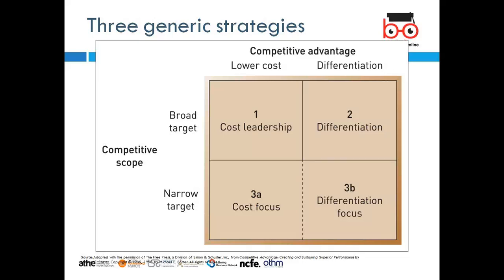Next, differentiation. We could focus all our effort toward differentiation. Everything we are doing is different from our competitors, so they can't compete. Like when we look at Apple and various other technology companies, they focus a lot on differentiation as well. Or maybe we are all the same, but one element of it is different from others. Like one software which no one else is offering, we are offering.